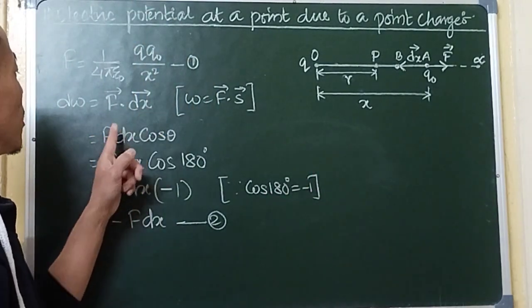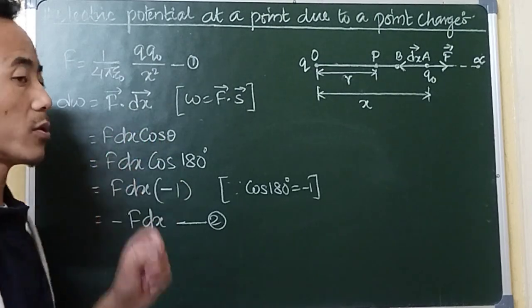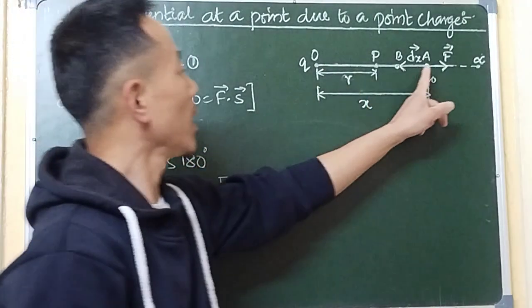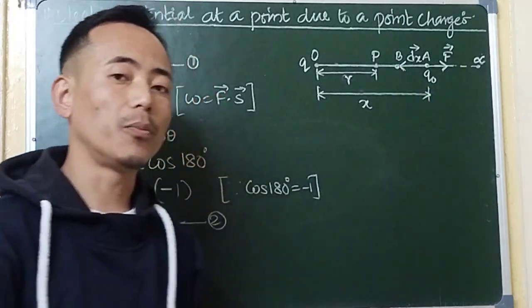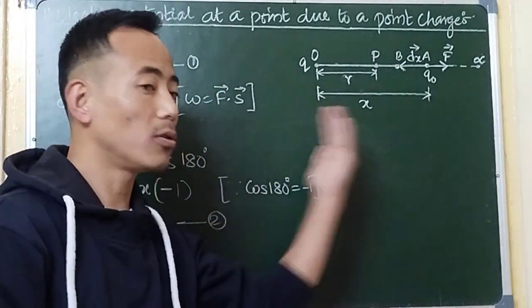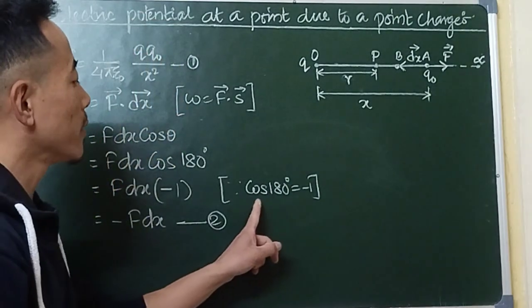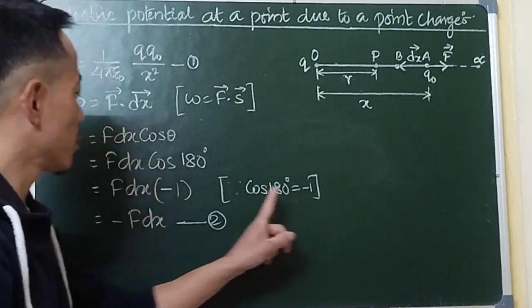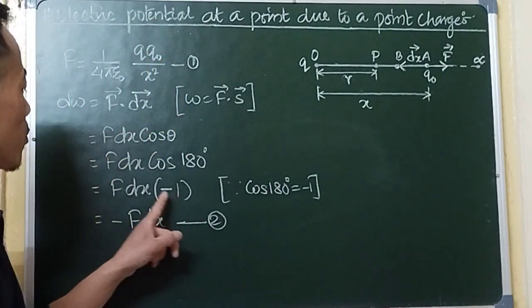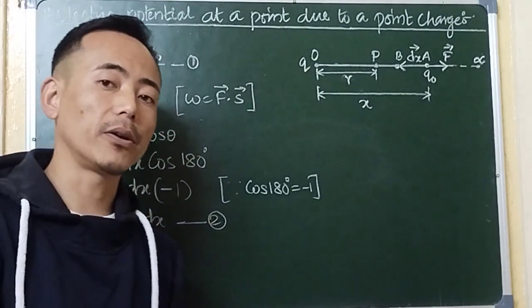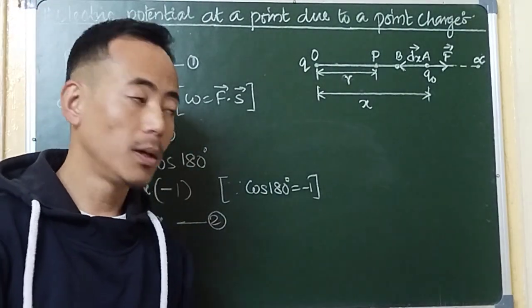If we expand this, since this is dot product, we have cos of theta. Now theta here is 180 degree, since F and dx are in opposite direction. So cos of 180 degree is -1. So we are putting that value here. So -1 into F dx becomes minus F dx. So this is our equation number 2.